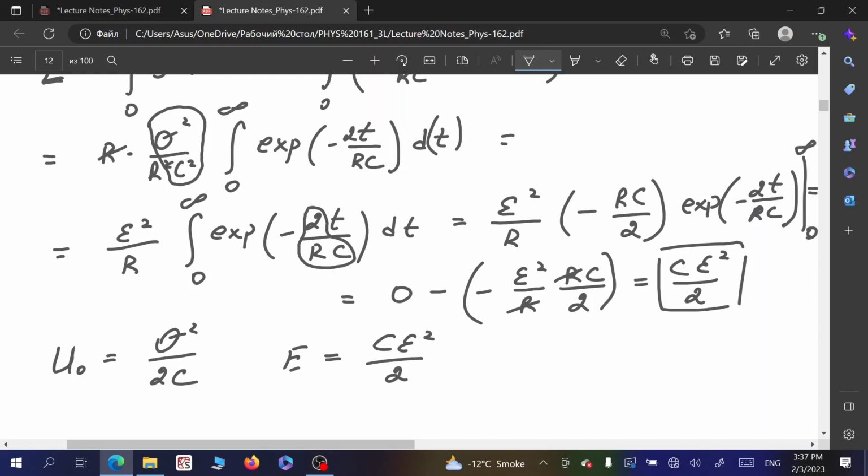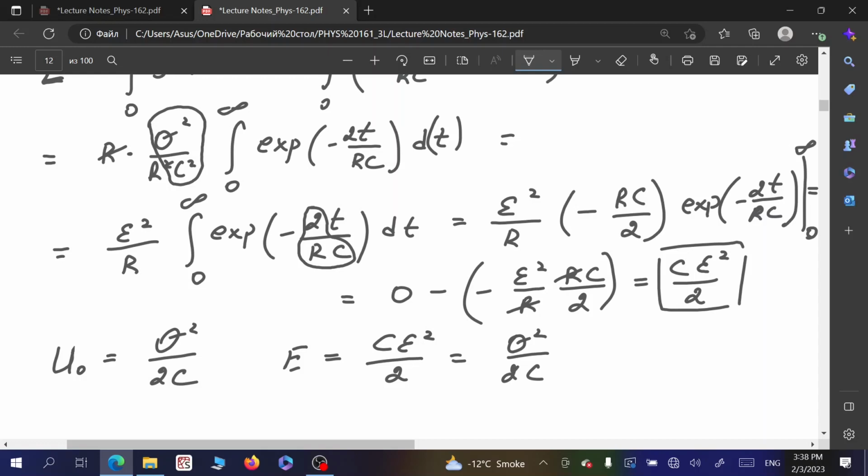So technically this is the same expression, because we can write here that this is Q square divided by 2C. So the product of capacitance and electromotive force gives us charge. So if we consider Q, capital Q, in second power, like here, we need to divide this expression by C in the denominator.